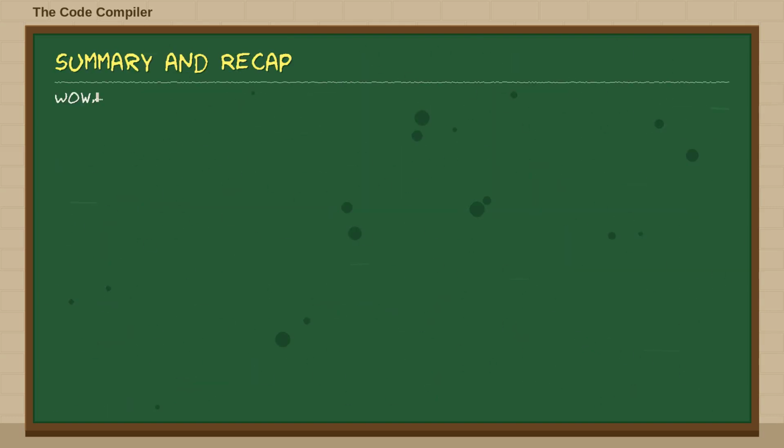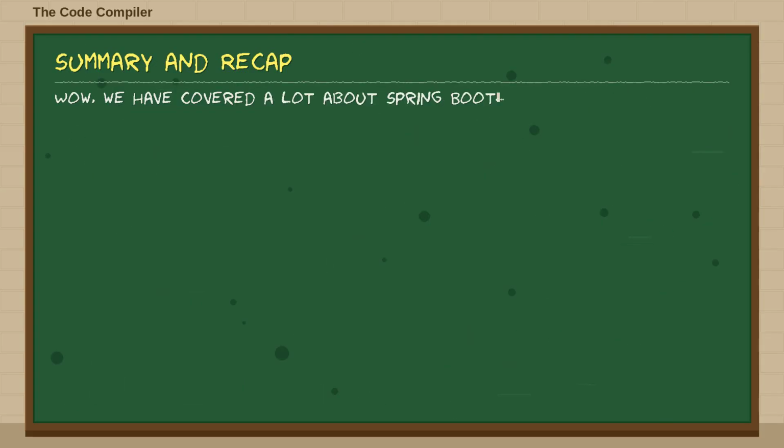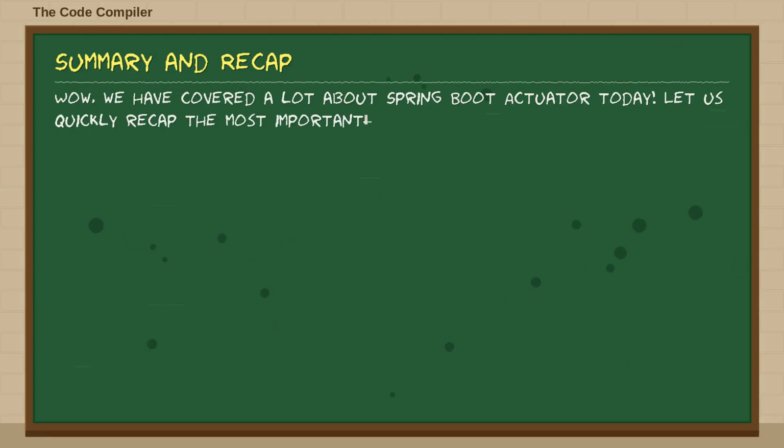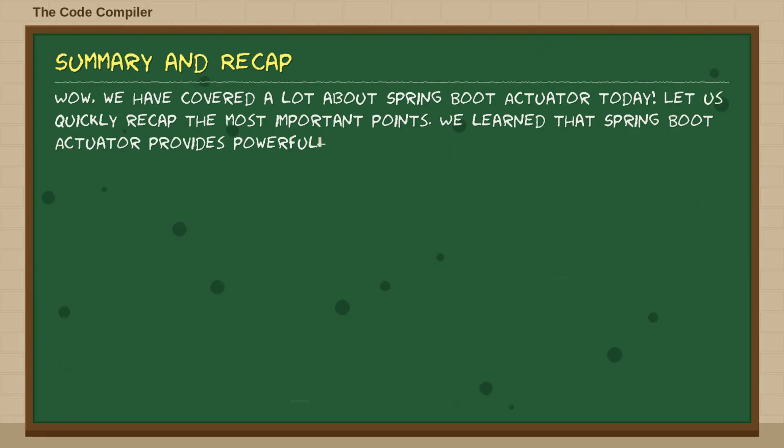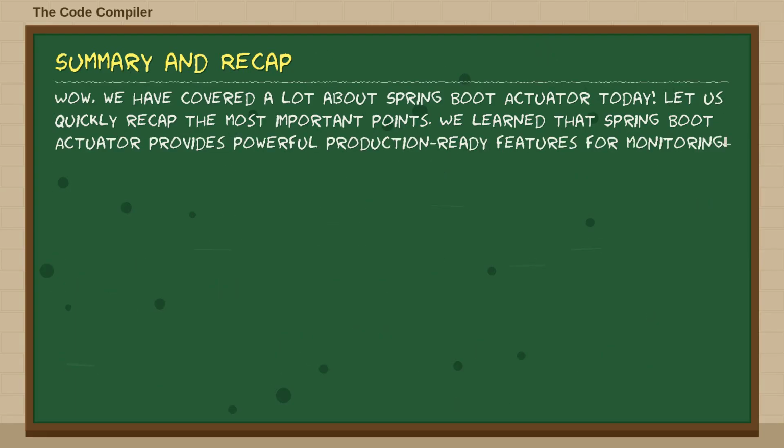Wow, we have covered a lot about Spring Boot Actuator today. Let us quickly recap the most important points. We learned that Spring Boot Actuator provides powerful production-ready features for monitoring and managing your applications.